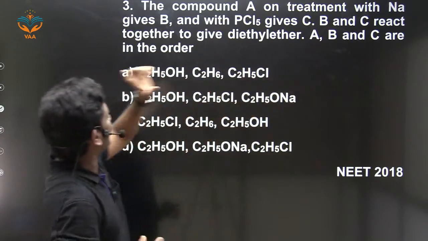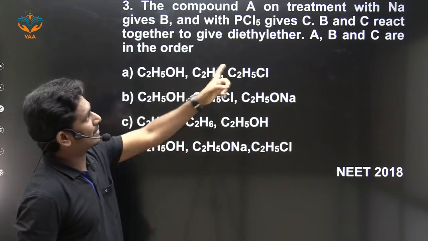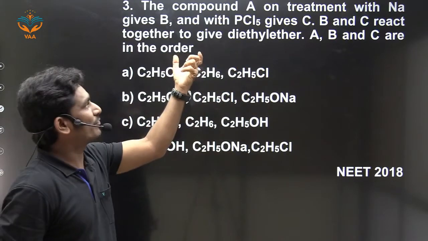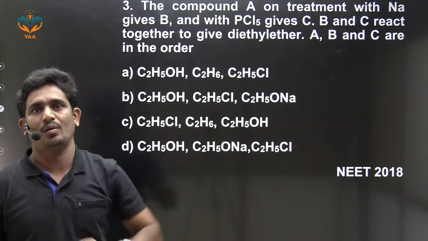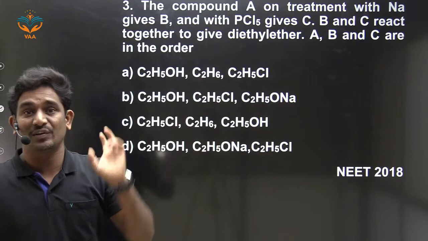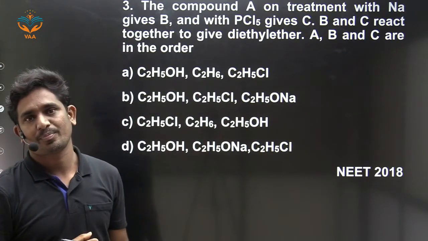B and C react together to give diethyl ether, so an ether is formed. The reactant is alcohol, not carboxylic acid, because a carboxylic acid would give esters.